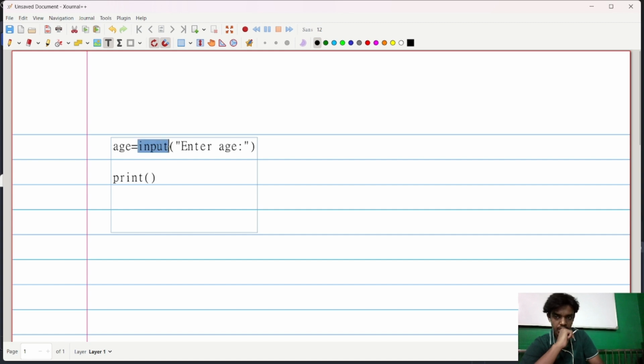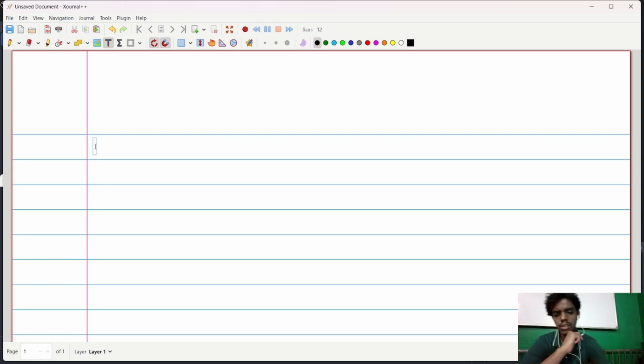Input already takes the information in the string format. So what if I want Python to treat it as a number? I would just simply add the int function in front of it. These were all discussed in the previous lecture also. I'm just helping you to recall things, because we will learn things which are connected to the previous lectures.